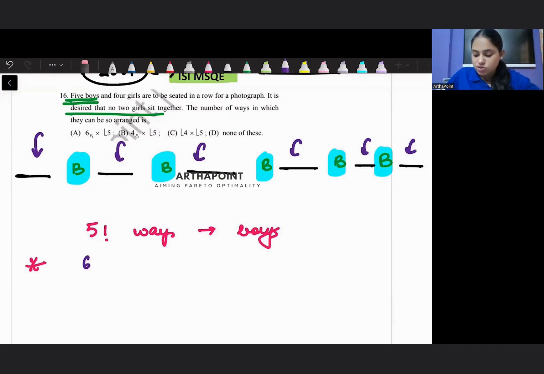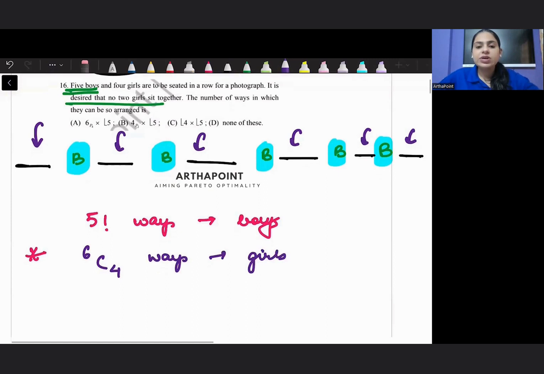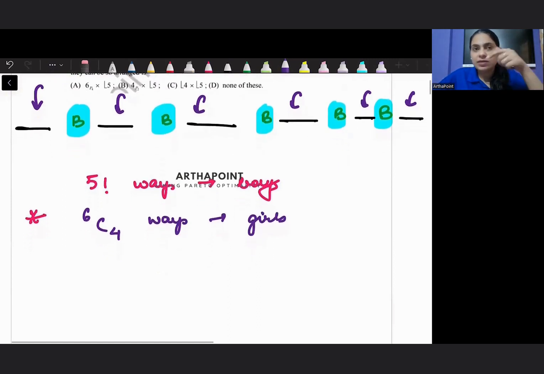So I have 6 positions, out of which I need to fill 4 positions. So, I mean, not arrange: out of 6 positions, I need to pick any 4 of them. And then the girls can also be arranged.